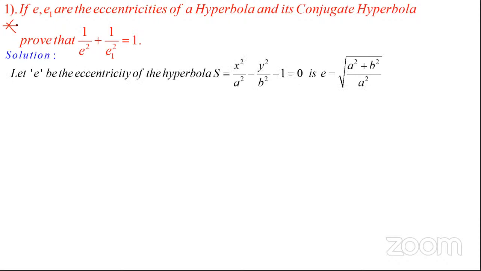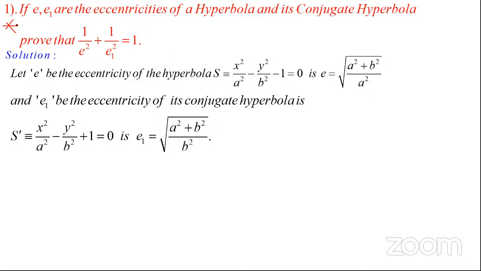Let e be the eccentricity for S equal to 0. Let e be the eccentricity of the hyperbola S equal to x square by a square minus y square by b square minus 1 equal to 0, which is e equal to under root of a square plus b square by a square, where a is greater than b. Okay.